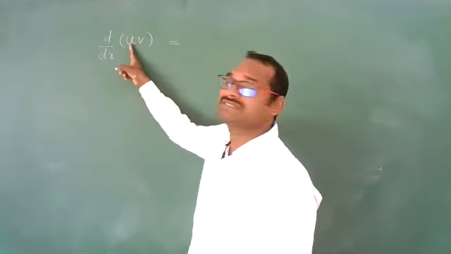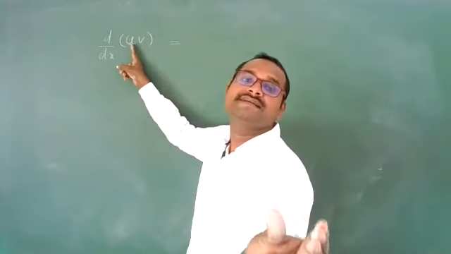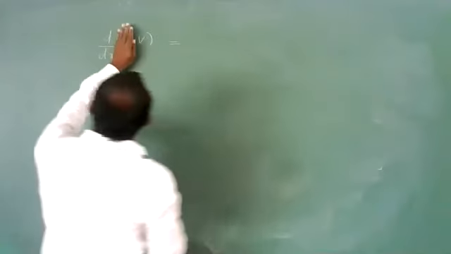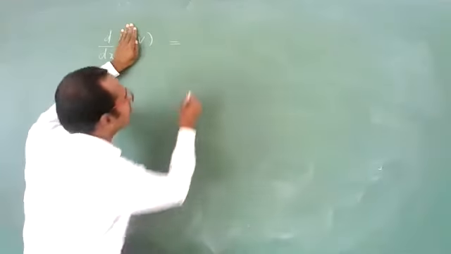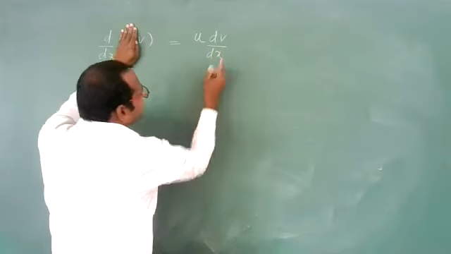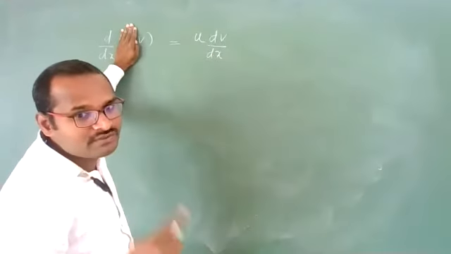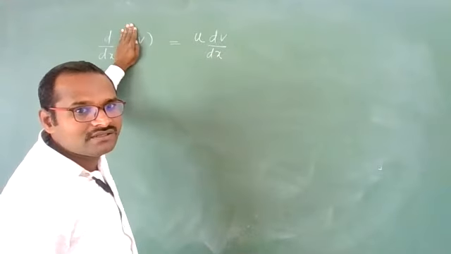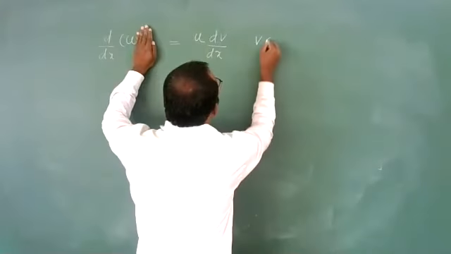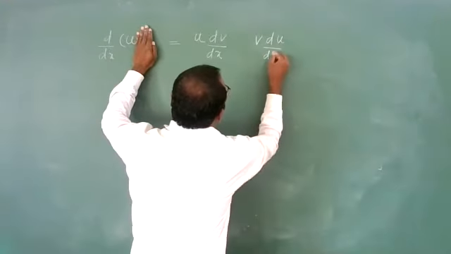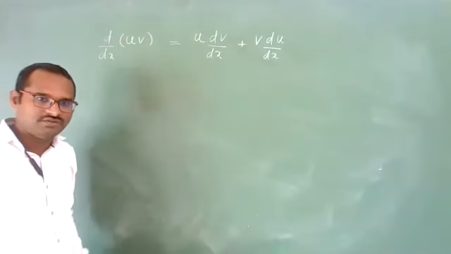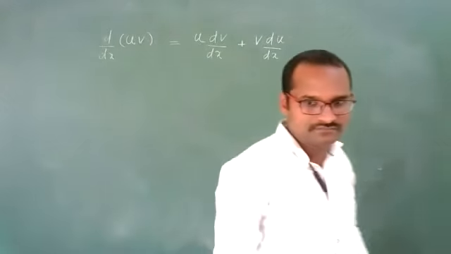First quantity you consider it as constant. Second quantity, let us take the differentiation. Means if you consider this is constant, you should take it outside. Means you will get u into dv by dx. But actually u is not a constant, u is a variable. Now again, second time v you consider constant. Then v into du by dx and add both. That's it. I hope you understand clearly.